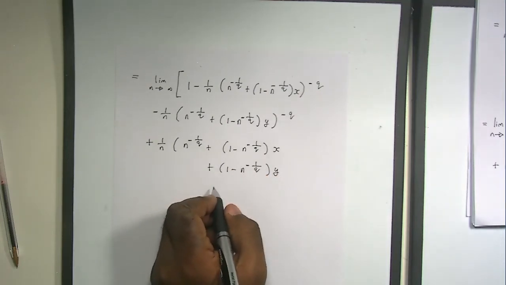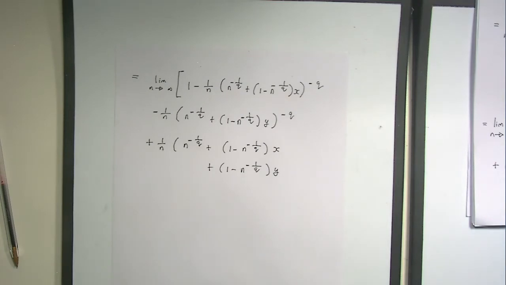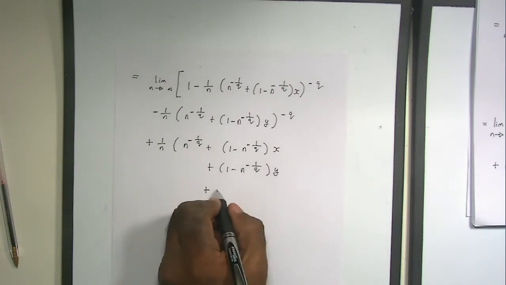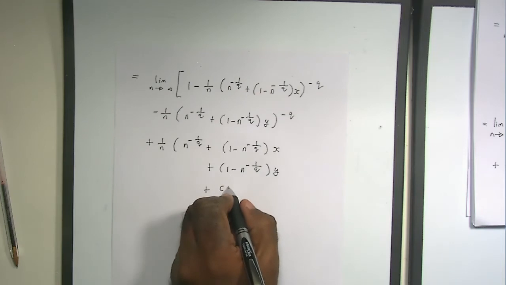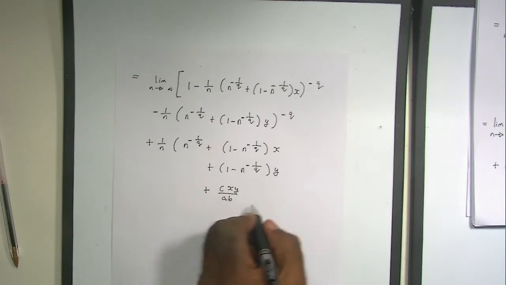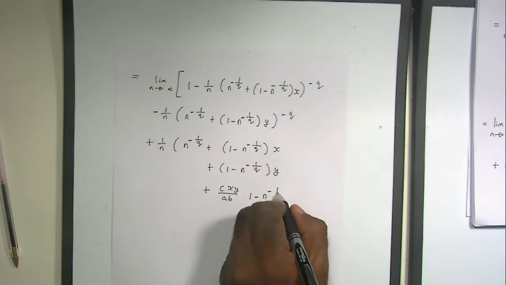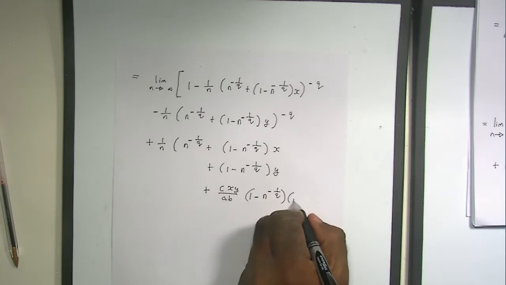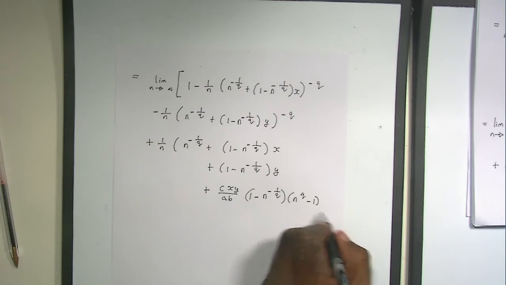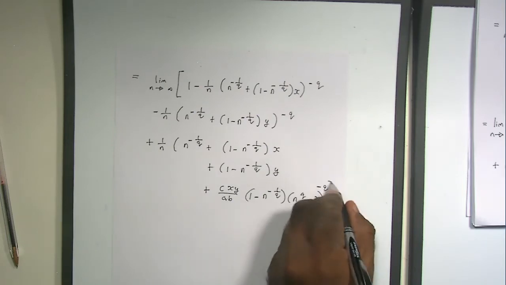Then over here it's going to be tricky, where n is dividing by that, so it's going to be plus this whole thing to the power q, this whole thing to the power n.